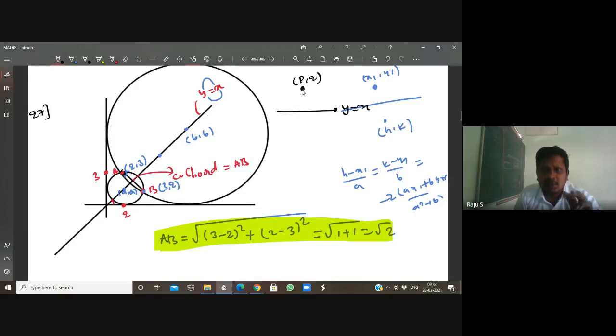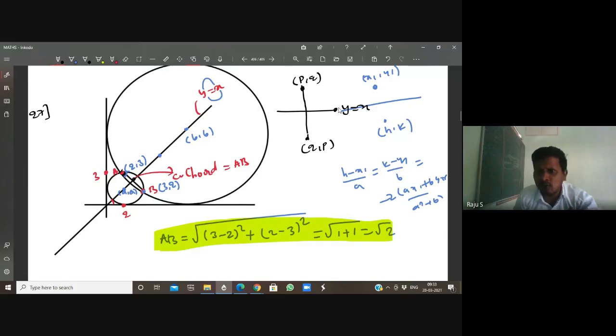The image of the point (p, q) with respect to the line y is equal to x is given by (q, p). In the same way, the line equation is y is equal to x here, so the image of the point (2, 3) becomes (3, 2).